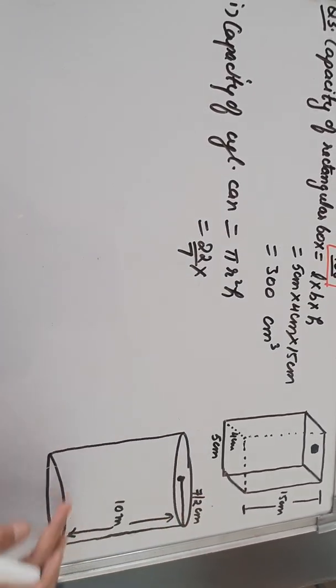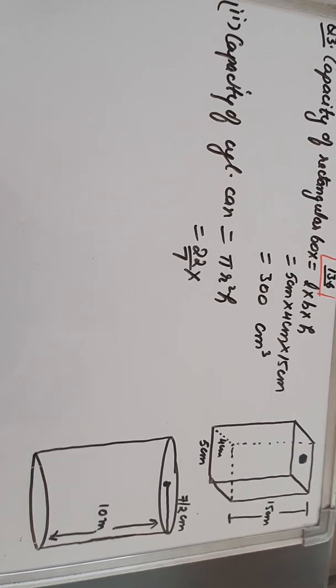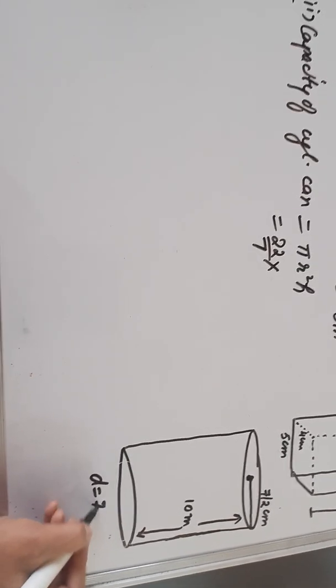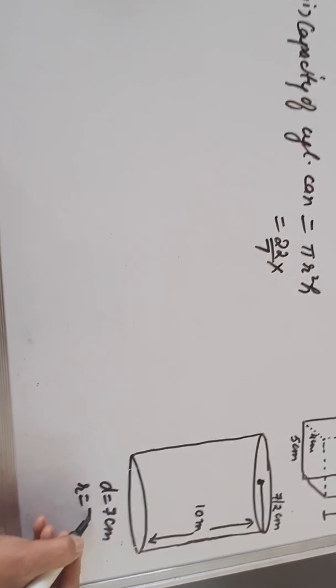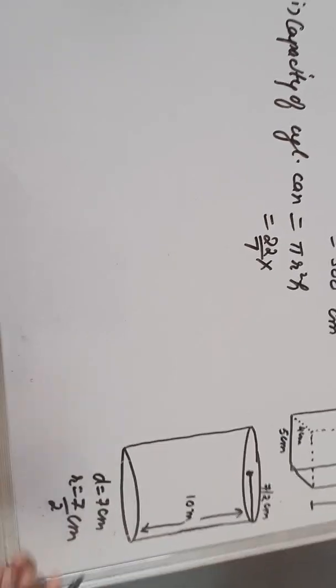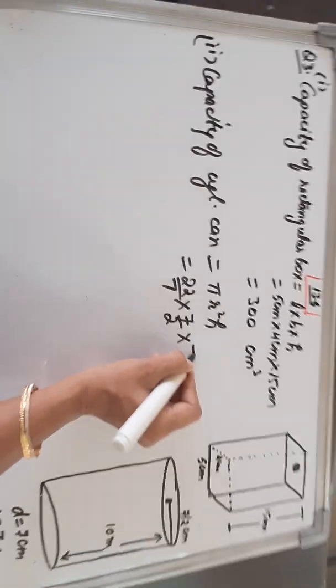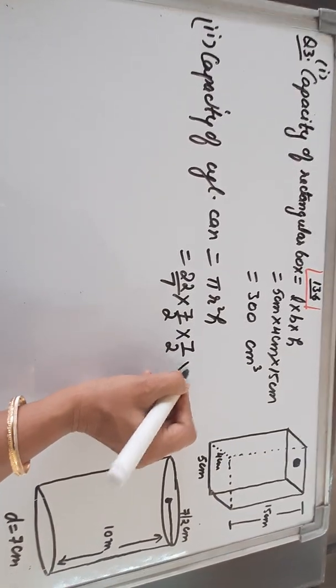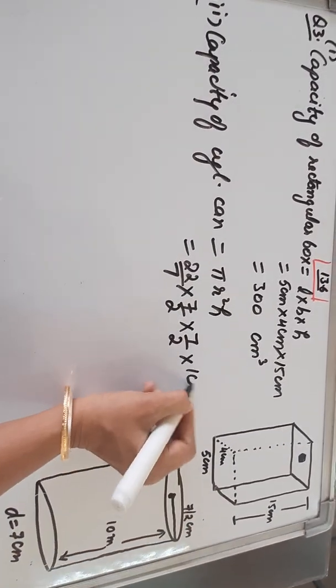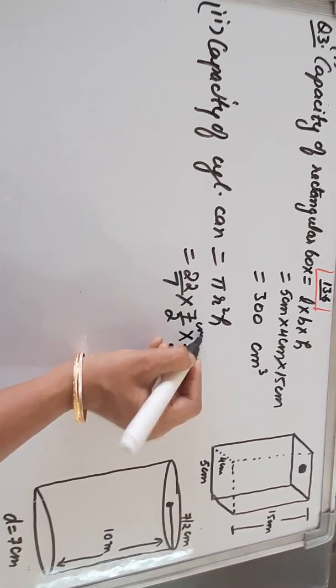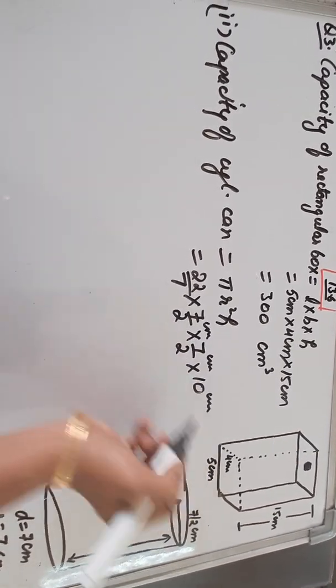The diameter of the base is given to us as 7 centimeter, dear students. So if diameter is 7 centimeter, what will be the radius? Half of the diameter, that is 7/2. But square is there, so we'll multiply it 2 times, into height 10.